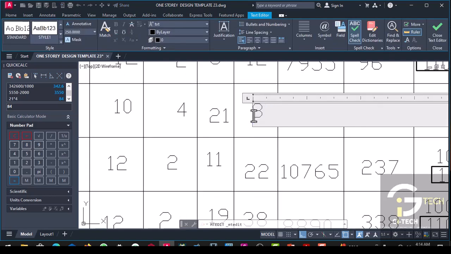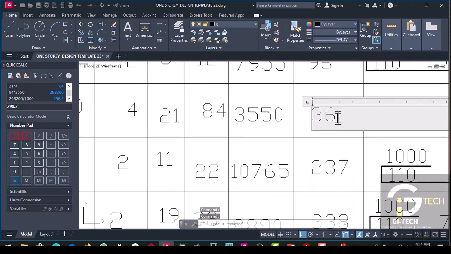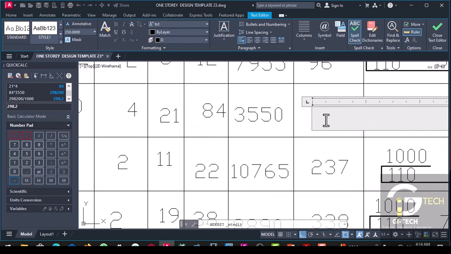So we have 84 times 3550 divided by 1000. So this will give us 298.